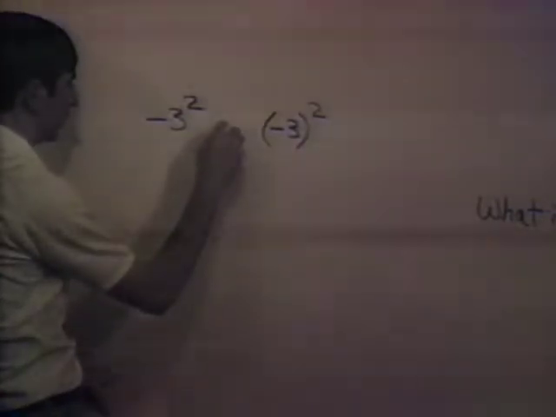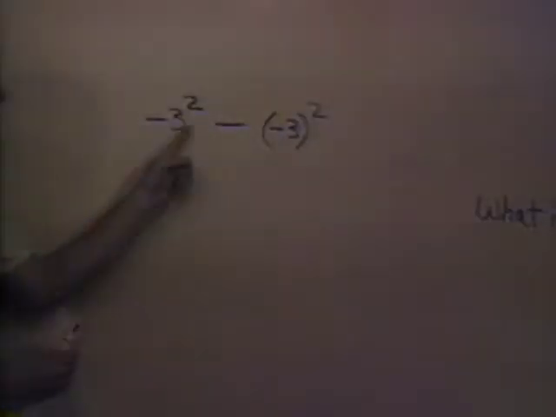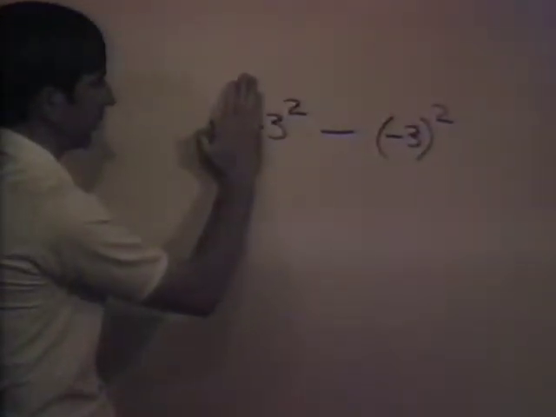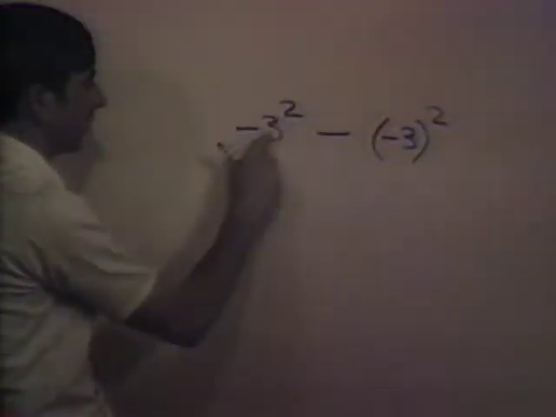Now, I took this problem out of an algebra book, and let me actually write the problem as it appeared in the algebra book. Here it is. We had a negative 3 to the second power minus a negative 3 quantity squared. So let's see if we can simplify that. Again, we know that the negative does not attach to the 3. Okay, we go ahead and square the 3, or take it to the second power first, and then put the negative onto the result.